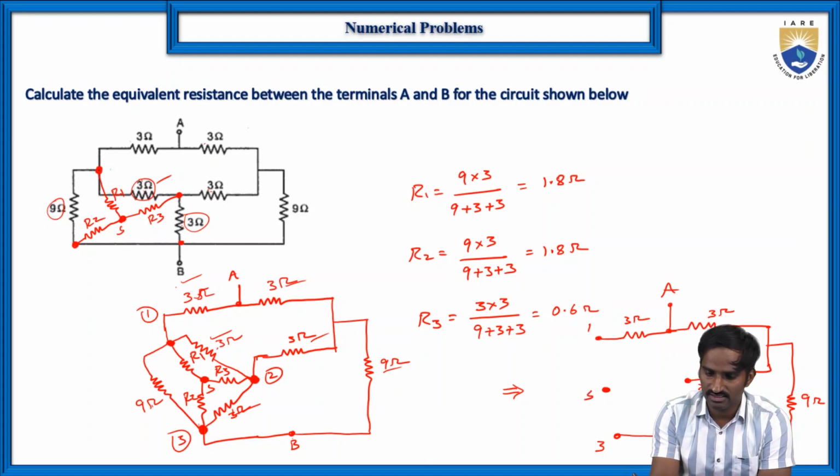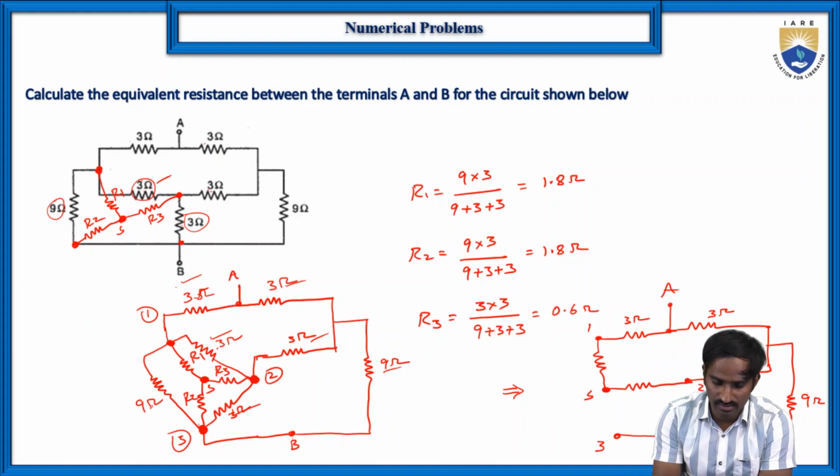First this is S. In between S and 1, what is the resistance value? R1. In between S and 2 is R3, and in between S and 3 is R2.